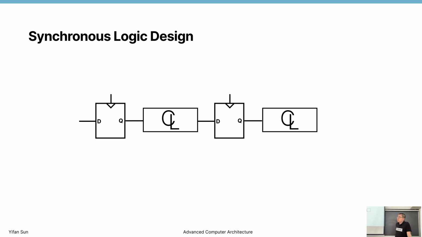So coming back to this design, when we have a register or flip-flop, digital circuits can be simplified and represented in this way. A register, when it generates an output, is connected with combinational logic. The CL represents combinational logic, right?